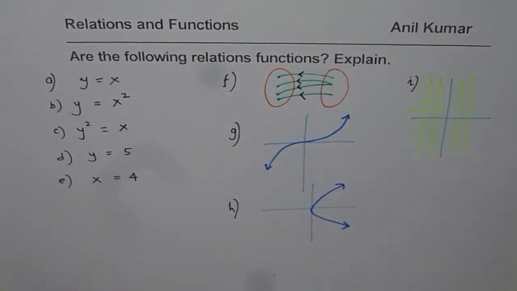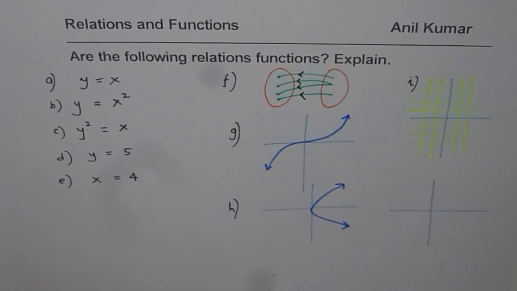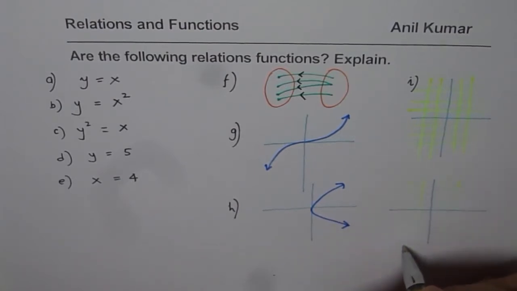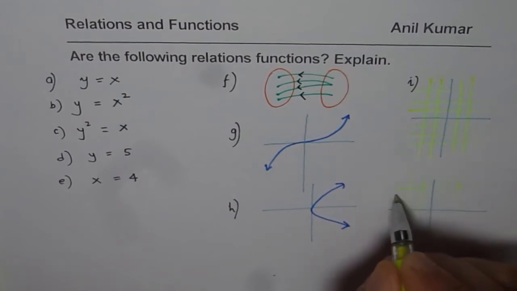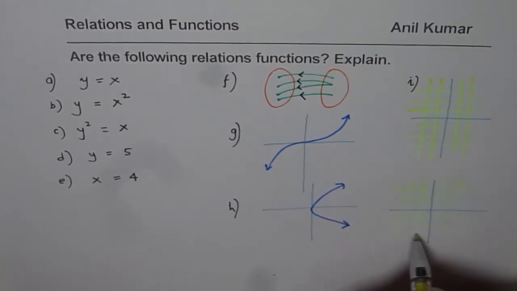So let me make 2 of them here. Okay. So I hope you have written down the answers or solutions for these questions. I'm giving you time while sketching to think about their solution.